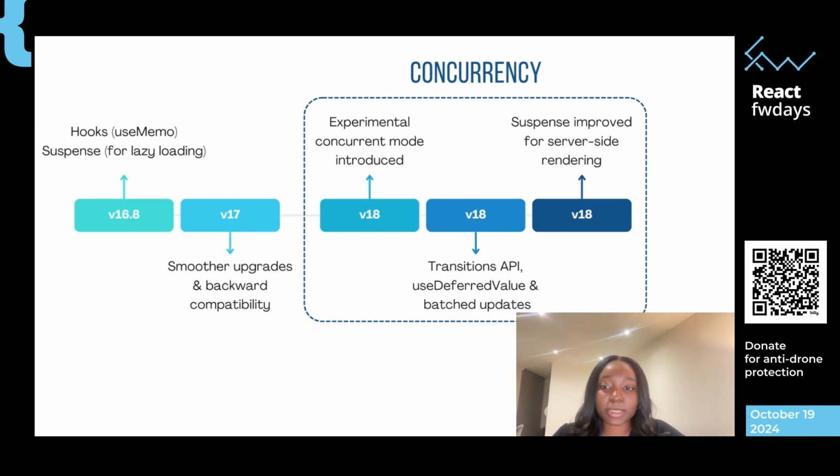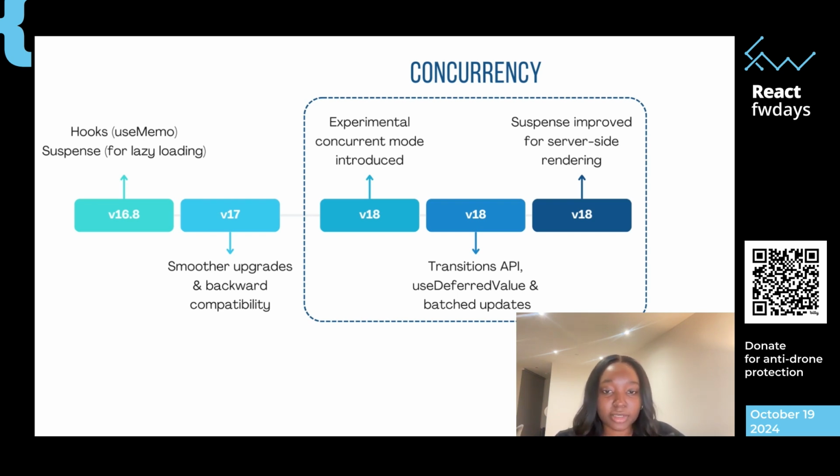React 17 was basically about ensuring backwards compatibility with earlier versions. And then onto the main topic of conversation here, React 18. This version is when concurrency really started to take shape. Initially, React introduced an experimental mode, which then became just concurrent rendering.